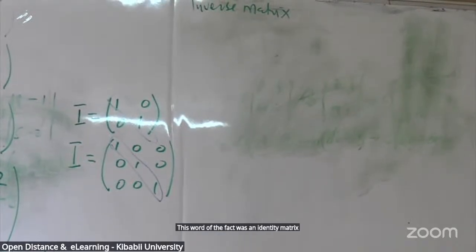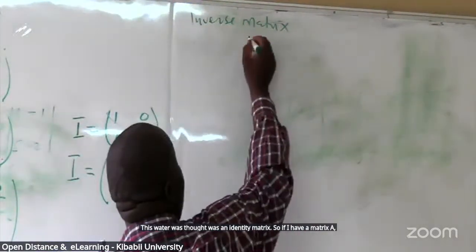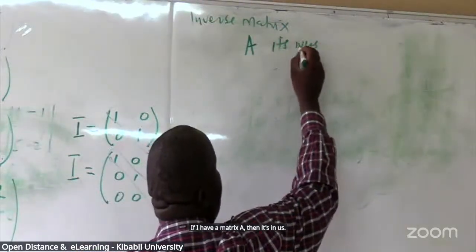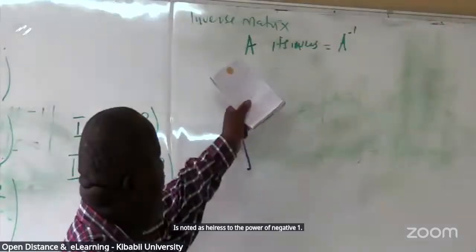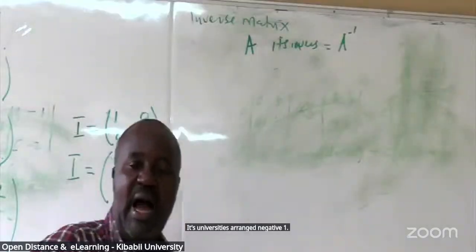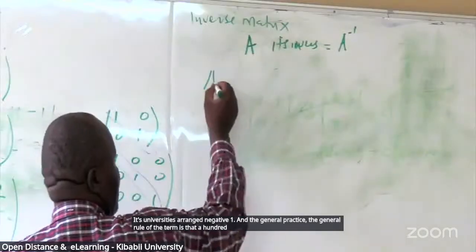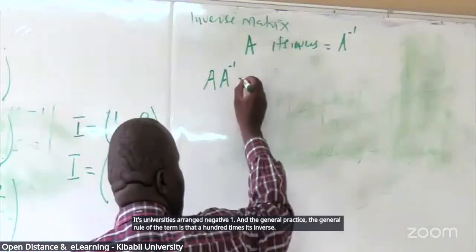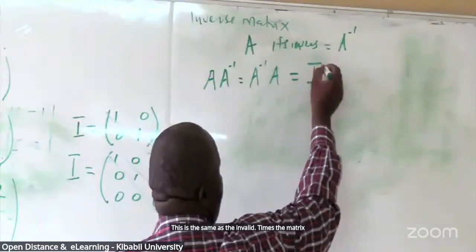So if I have a matrix A, then its inverse is noted as A raised to the power of -1. And the general rule is that a matrix A times its inverse is the same as the inverse times the matrix A, and this is what gives you the identity.